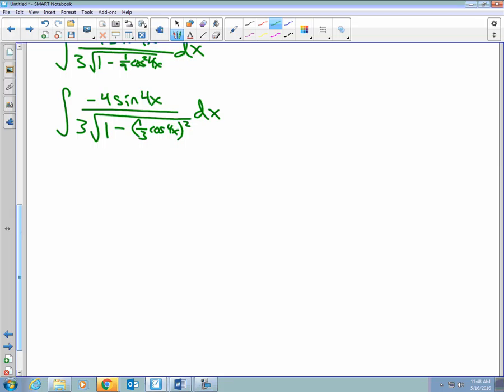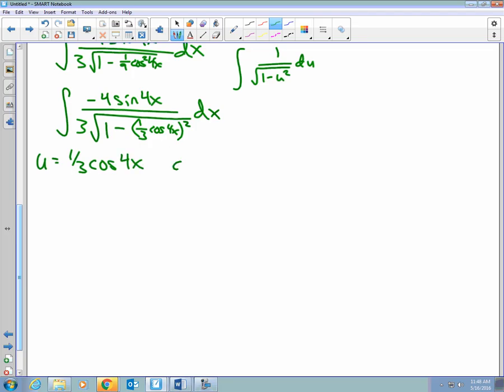So this is now of the form 1 over the square root of 1 minus u squared du, because we have a 1 and we have something squared. So let's try to figure out the rest. What is u in this scenario? 1/3 cosine of 4x.